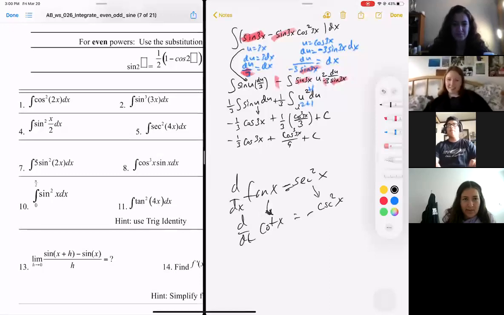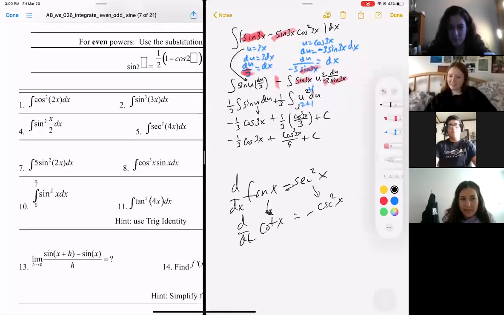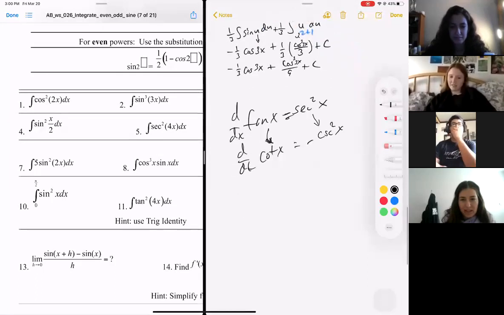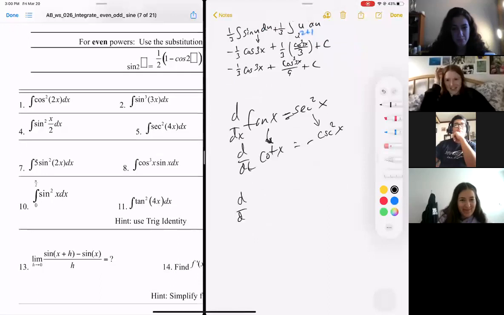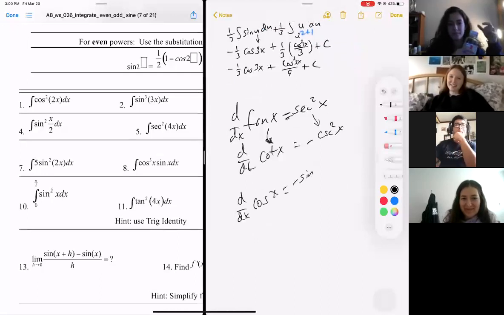both a negative. Now, if you guys didn't know this, Miss Yagi isn't named Mr. Co, but every time you take a derivative of a co, you end up with a negative because co sucks. The derivative of cosine is negative sine.